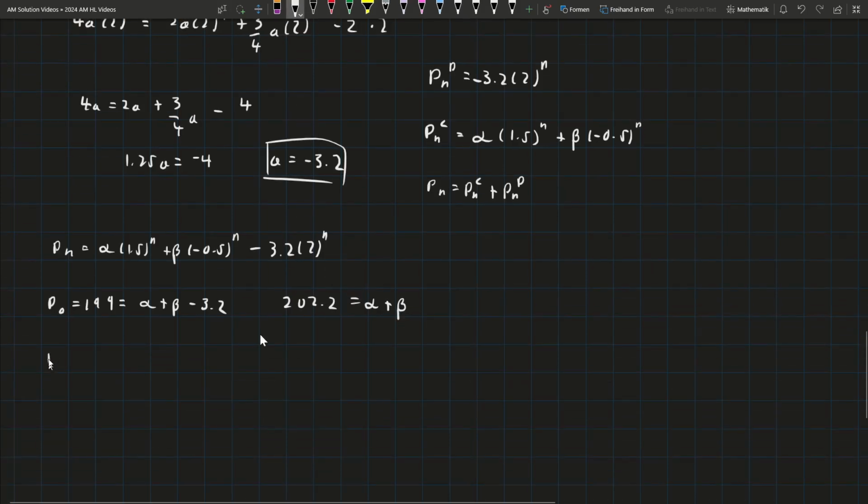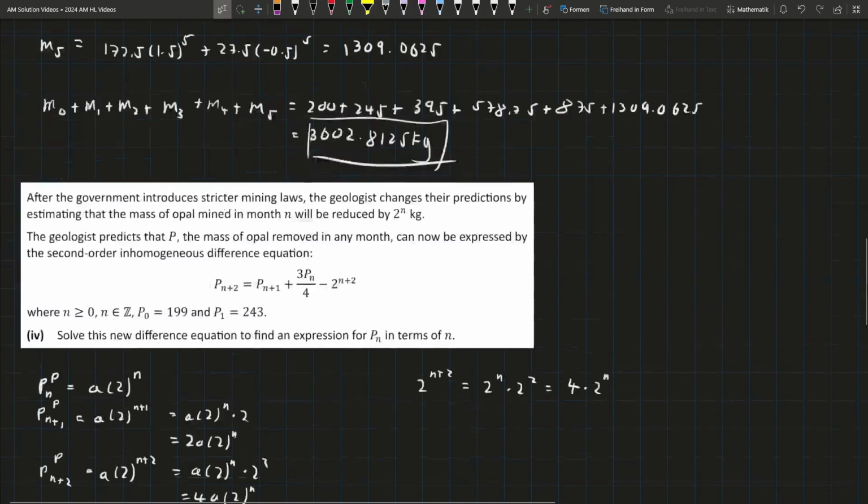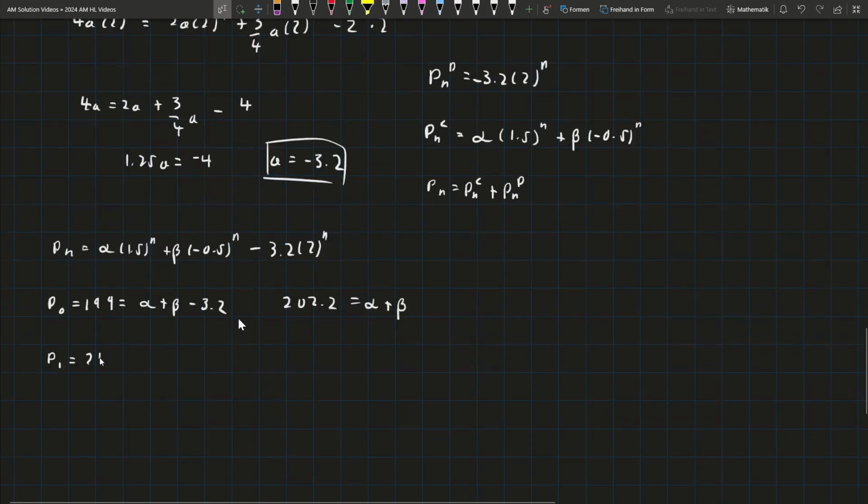And then we know that P1 will be equal to 243, which is equal to 1.5 alpha minus 0.5 beta, and then to the power of 1, that'll be minus 6.4.